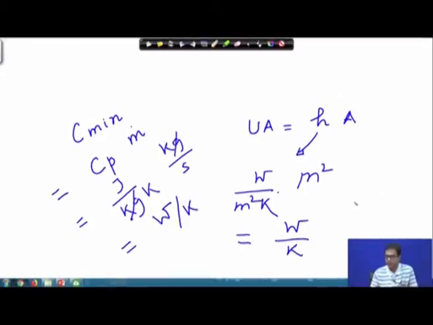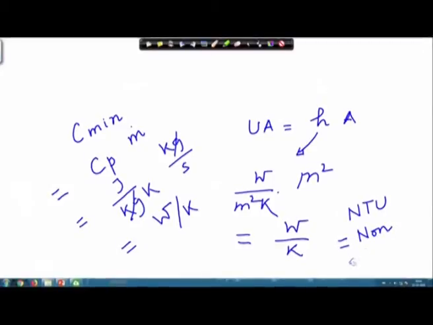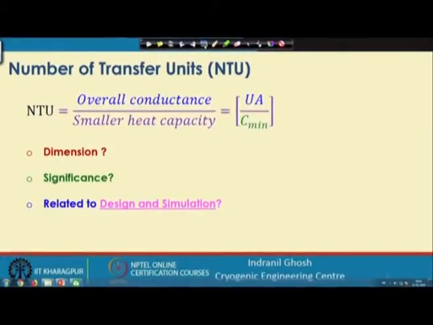So, basically NTU is a non-dimensional number, and often we call it the dimensionless heat transfer size, or the thermal size, of the heat exchanger.